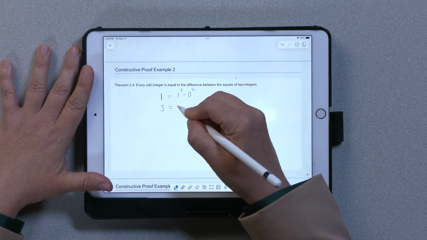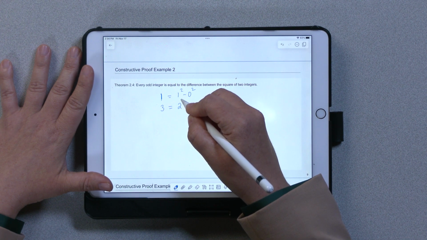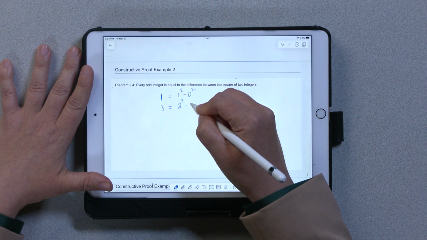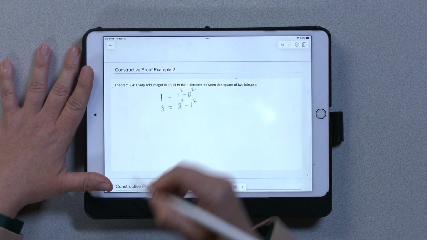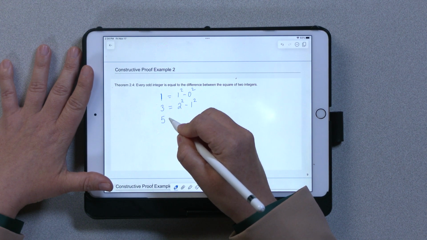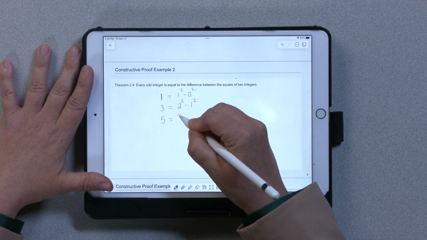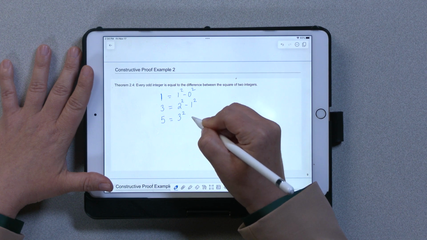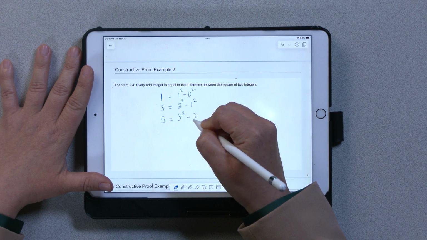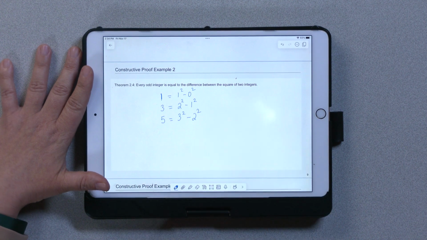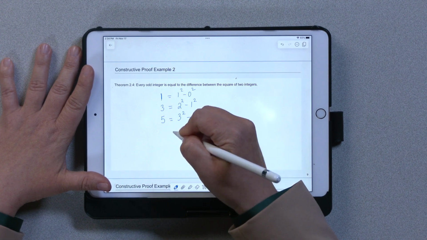And we can see that 3 is the difference between 2 squared and 1 squared. 5, well, that's the difference between 3 squared and 2 squared, 9 minus 4. And we could carry on in this way.